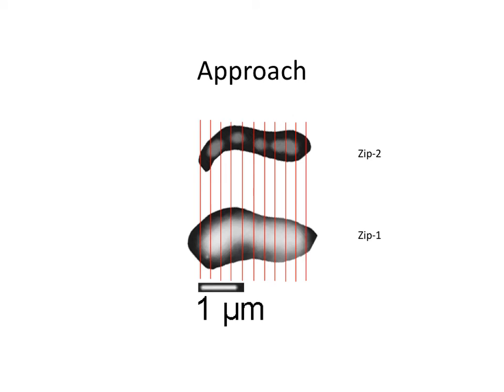Here's the approach. This top part is ZIP2 fluorescence. So they've used an antibody, I think, to ZIP2 protein, so they can see that's the outline of a chromosome. The bottom here is ZIP1, so that gives us the length of that chromosome. Right?